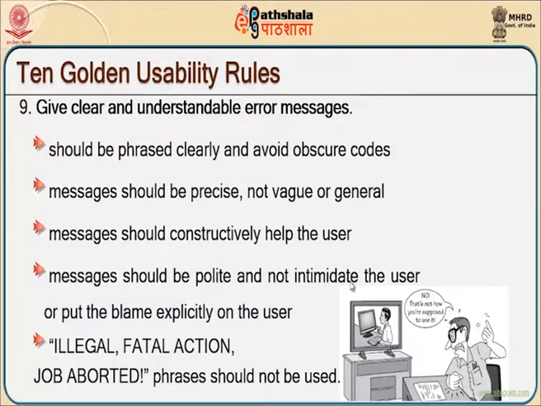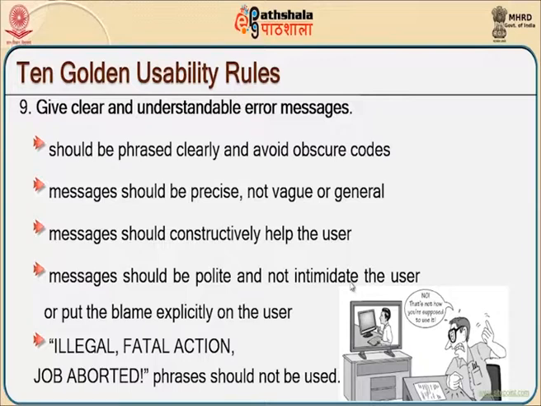Rule 9. Give clear and understandable error messages. Any message popped up as an error message needs to be clear. It should not be an empty message that does not give a clear understanding of where we have gone wrong. It should be phrased clearly and avoid obscure codes.